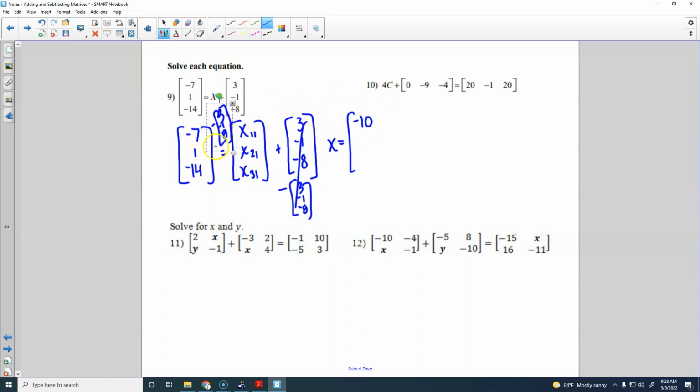We'd have 1 minus negative 1, which would give us 0 right here. Hold on. I'm sorry, 1 minus negative 1 is 2. Minus a negative would become positive, and then we'd have negative 14 minus negative 8. So that's like negative 14 plus 8, which would give us negative 6 there.